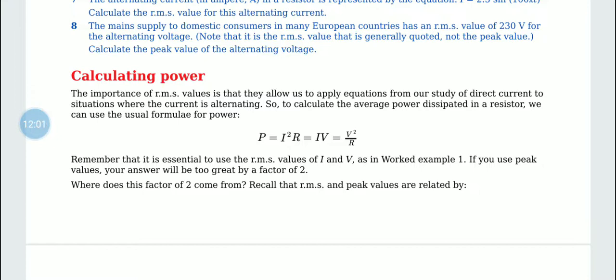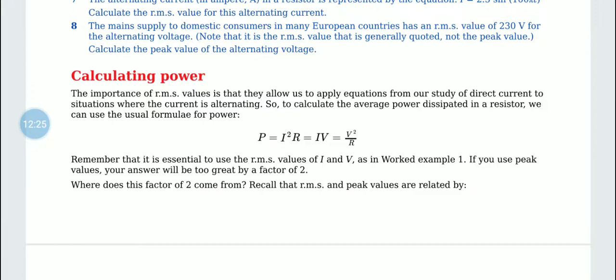So if you have an average power, we can use those values in DC equations. Now if you want to find out the average power dissipated in a resistor, if we know the mean square values, then we can figure out how they relate.